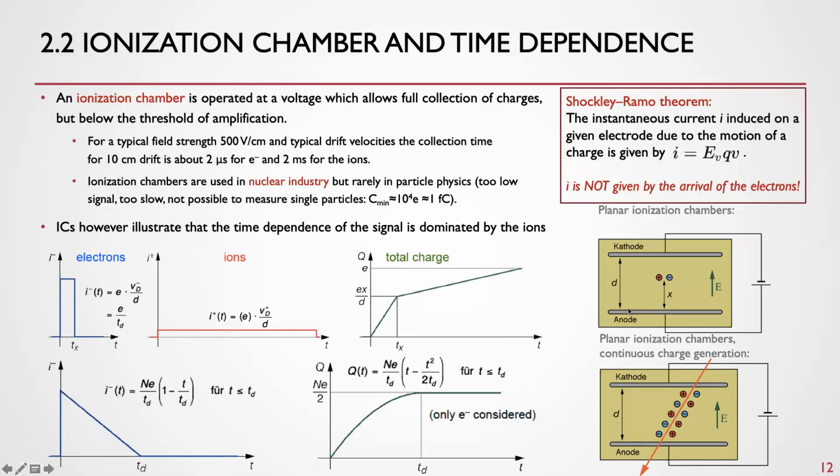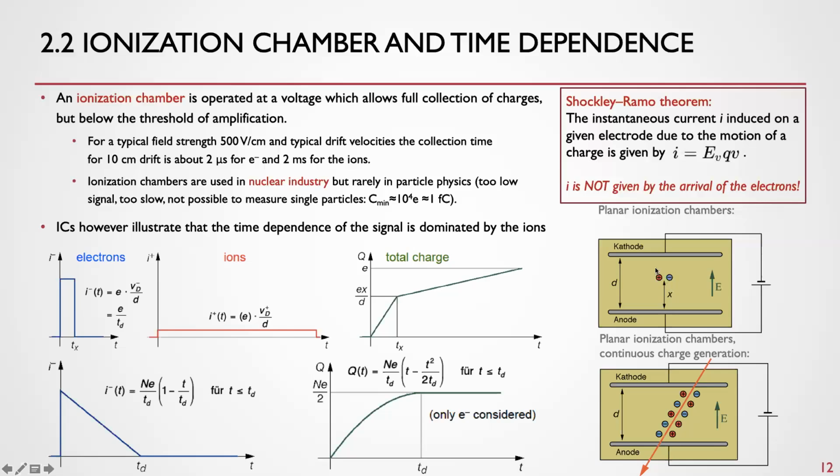Now the question is, and it's an important question for detector design, when is the signal recorded? It's a common misconception that the current consists of electrons. You could argue that the signal is created when the electron is absorbed at the anode. But that is not true.